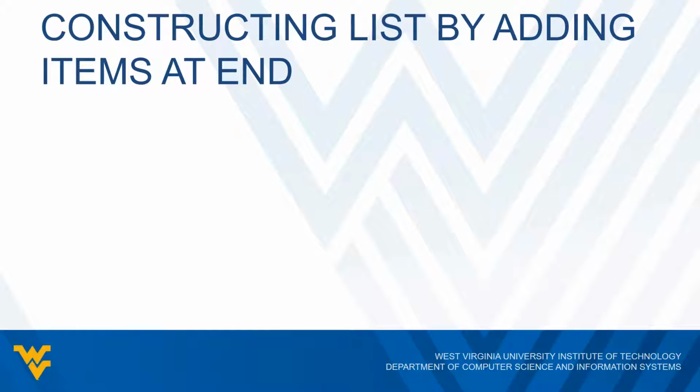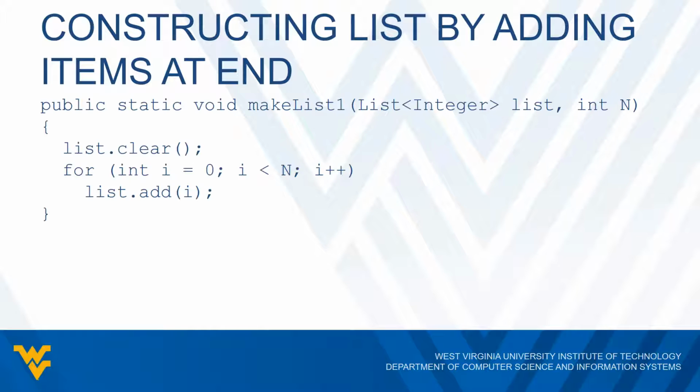Let's compare some of the methods that operate on a list. We'll start by constructing a list by adding items at the end of the list. So here's some code that would do that for us. This is a public static void method. We'll call this makeList1, and we're going to pass in a list of integers, and n is going to be the number of items in the list.